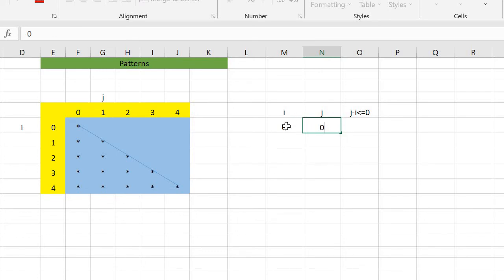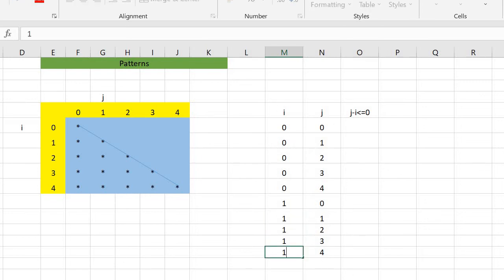So if i is equal to 0, j will be 0, 1, 2, 3, 4, and all the times the i will be 0. Next time when i will be equal to 1, that is we have shifted to the next row, j will be 0, 1, 2, 3 and 4 again. So this time always the i will be 1.